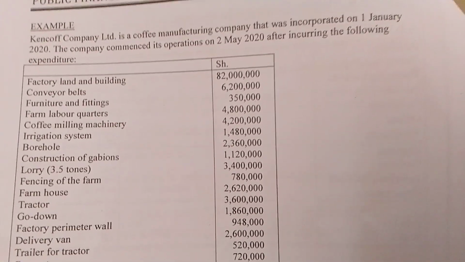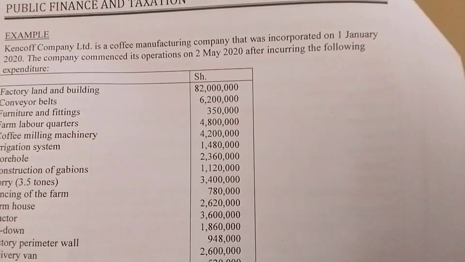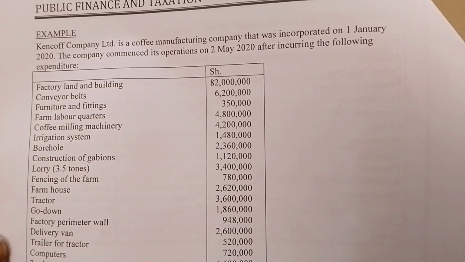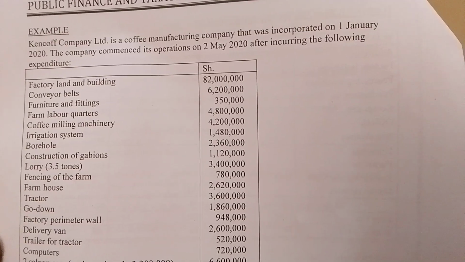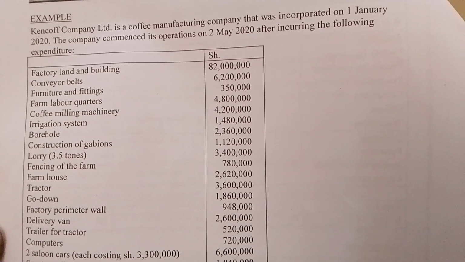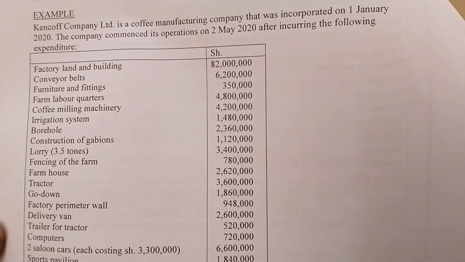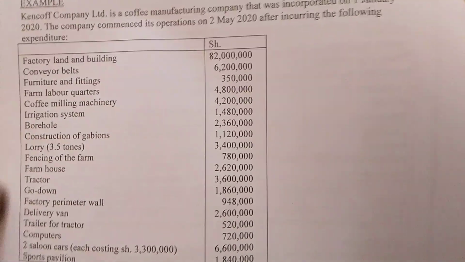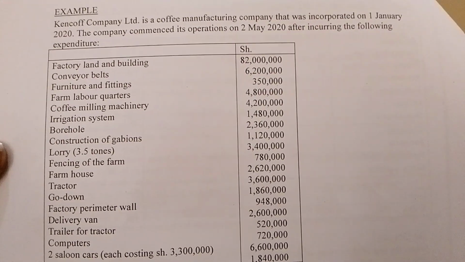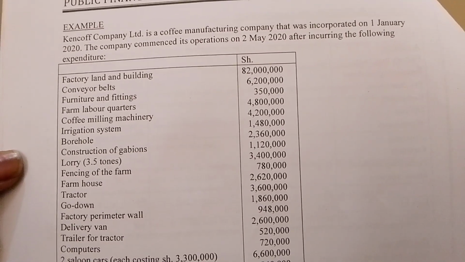Ken Cove Company Limited is a coffee manufacturing company that was incorporated on 1st January 2020. The company commenced its operations on 2nd May 2020 after incurring the following expenditure. Okay, factory, land and building.